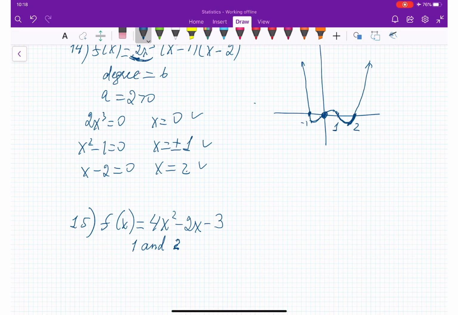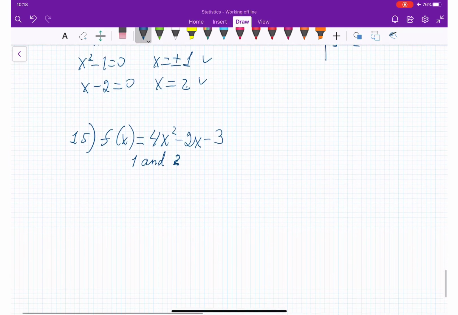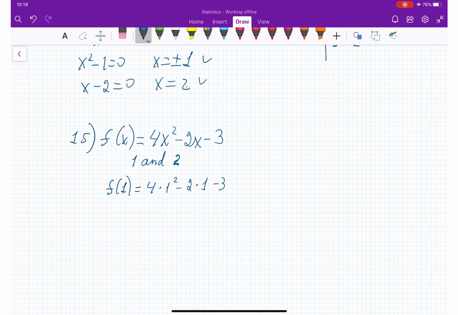So first thing, this 1 and 2, those are values of x. So therefore, let's find out what's the value of y or f of x at the point 1. So f of 1 is equal to 4 times 1 squared minus 2 times 1 minus 3.